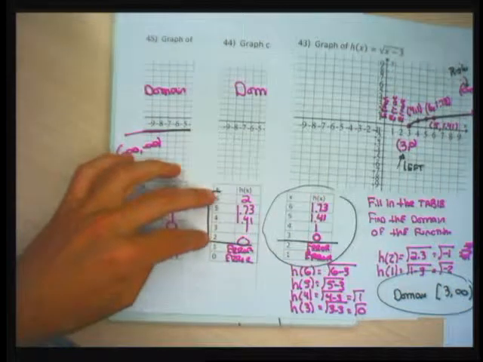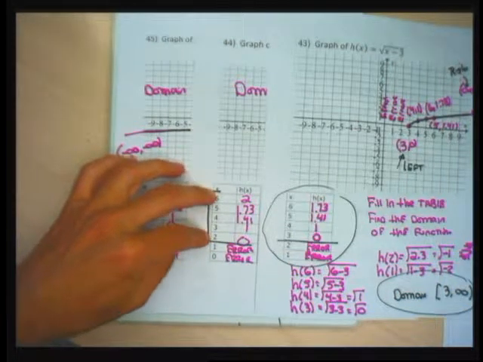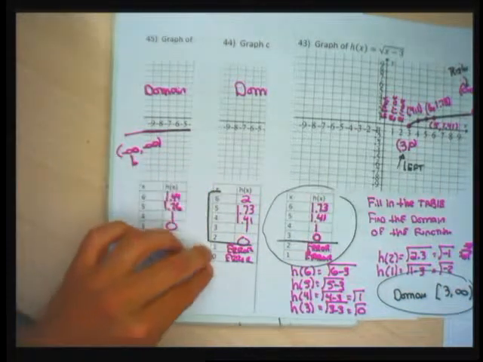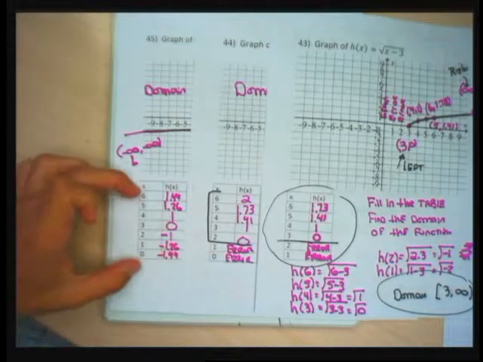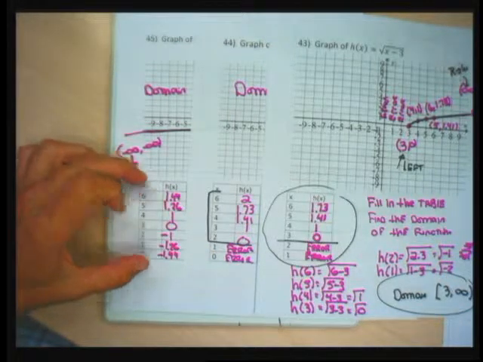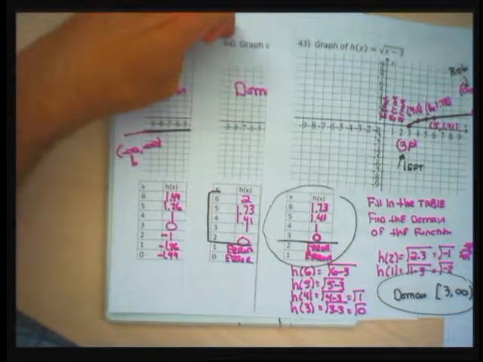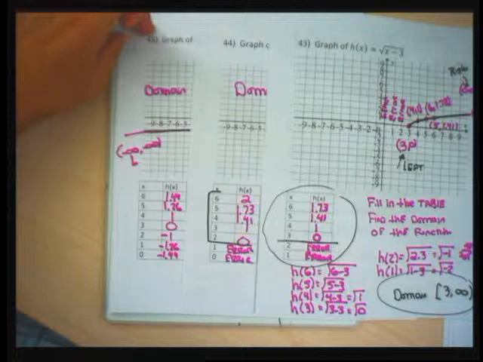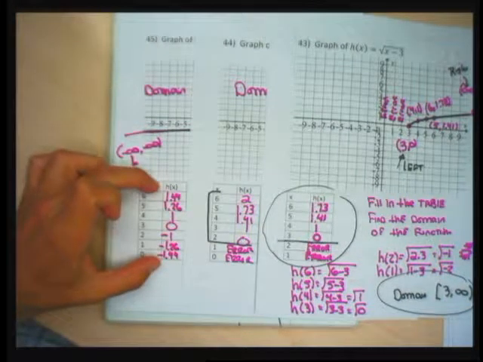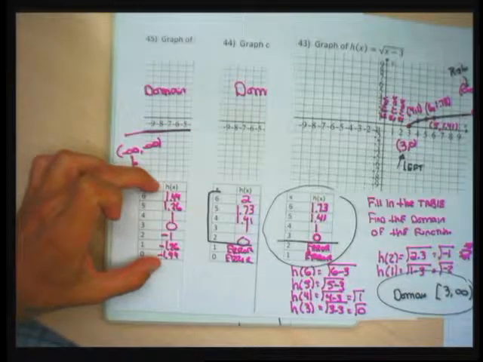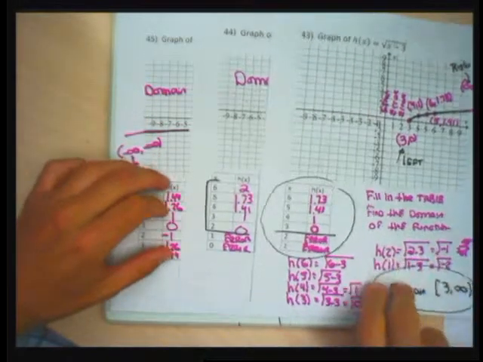In 44, the domain was 2 to infinity because after the 2 I started getting errors. In my problem 45, the cube root, there aren't any errors, so my domain isn't restricted. It's an unrestricted domain of negative to positive infinity.